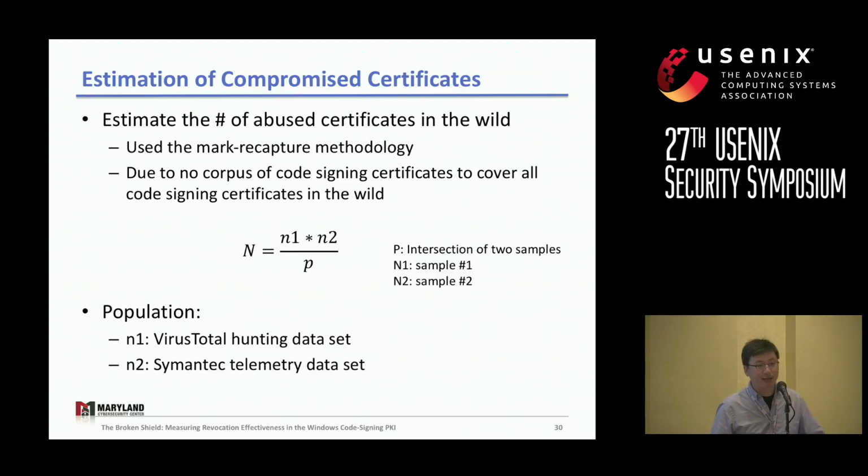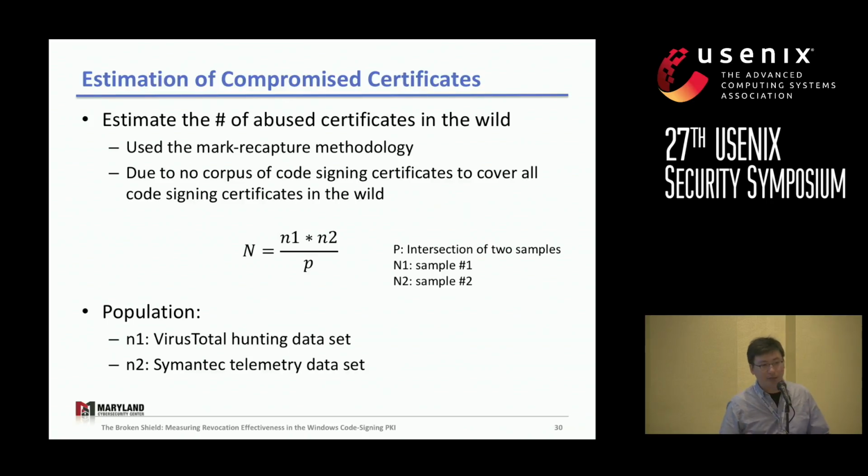Maybe one of the reasons is that we cannot observe all the compromised certificates in the wild. So to answer this research question, we want to measure how many compromised certificates are in the wild. However, we are unable to know the actual number of compromised certificates in the wild, since we don't have an official corpus of code signing certificates covering all of them. So we utilize the mark and recapture methodology to estimate compromised certificates in the wild.